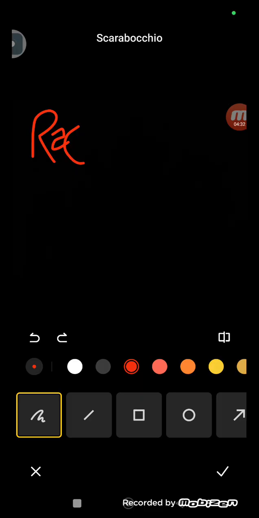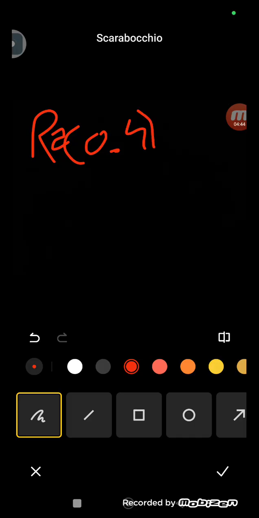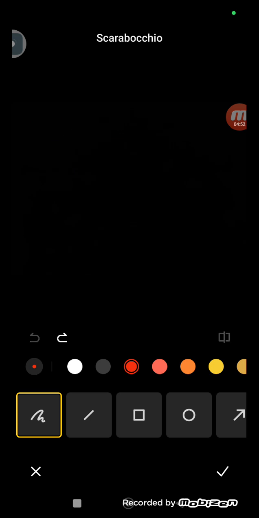What does this mean? Very easy. Like ra 2 equals 1/2, ra 1.4 equals 2.5, like that, because the fraction goes the other way around.